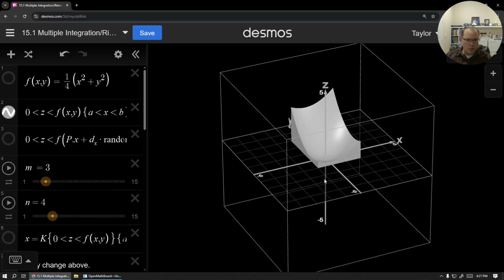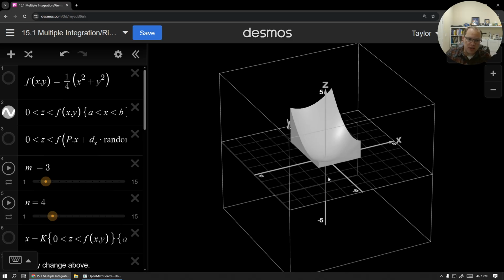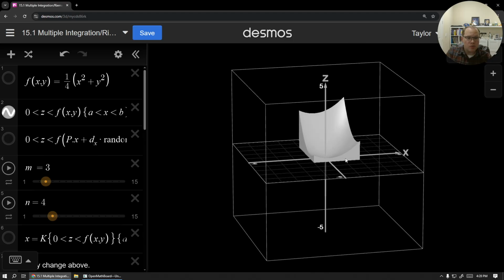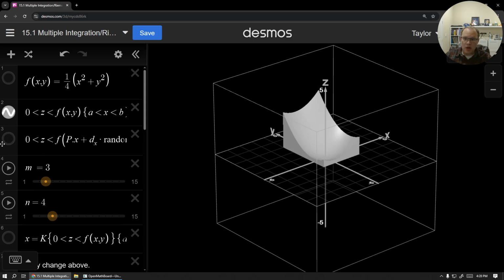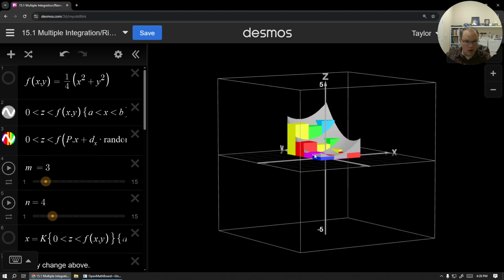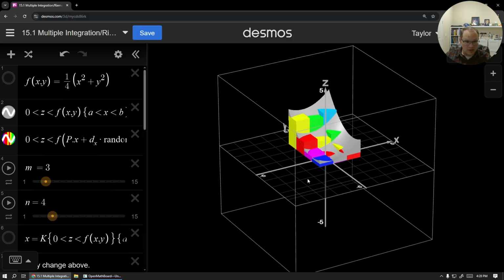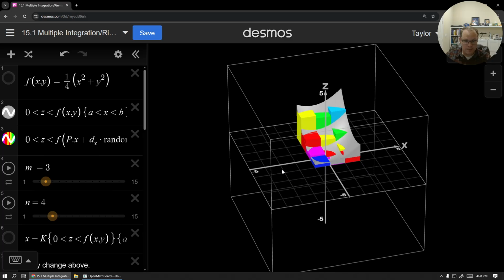Okay, well, we could approach this much the same way that we approach the single variable case. In the single variable case, we used a Riemann sum and used lots of little rectangles. In this, we can do something similar, but because we're dealing with 3 dimensions, we're dealing with volumes, we have to use not rectangles, but rectangular prisms. We can approximate the volume with lots of little blocks, okay?